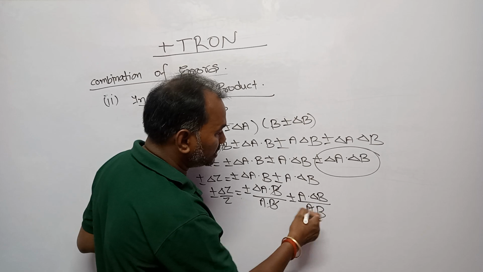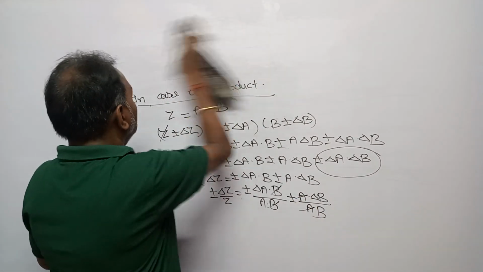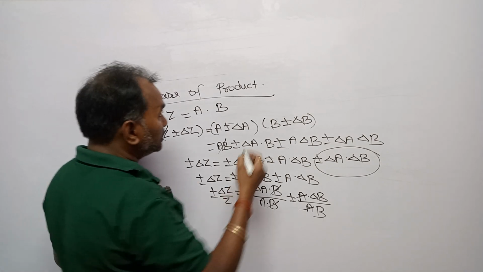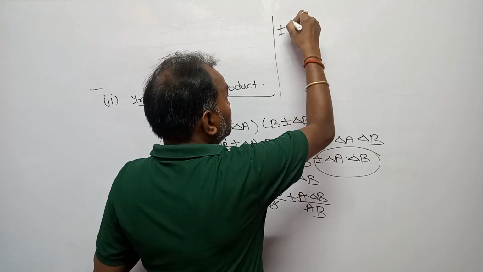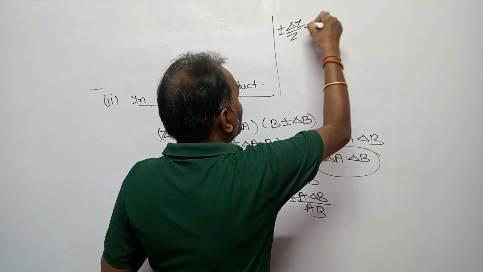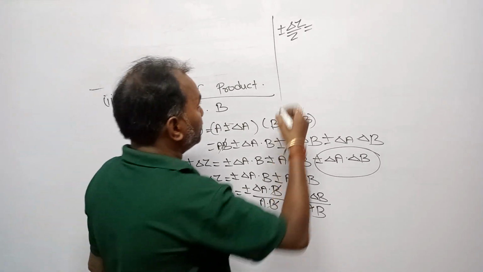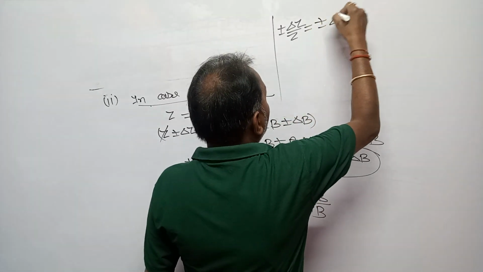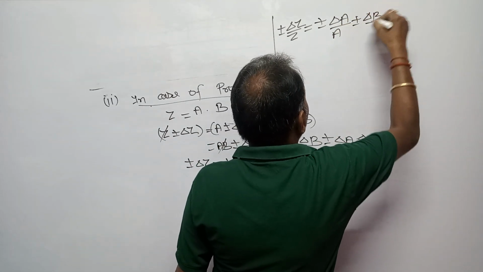B will be cancelled, A will be cancelled, and you will get ± ΔZ/Z = ± ΔA/A ± ΔB/B.